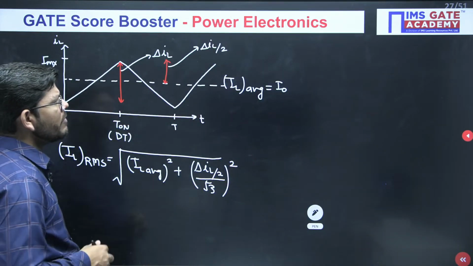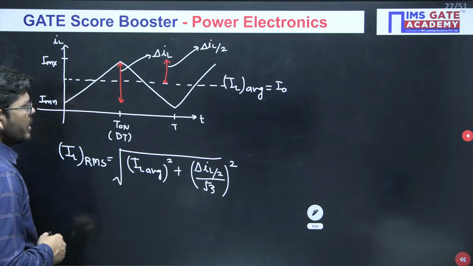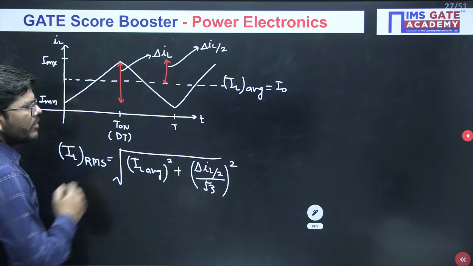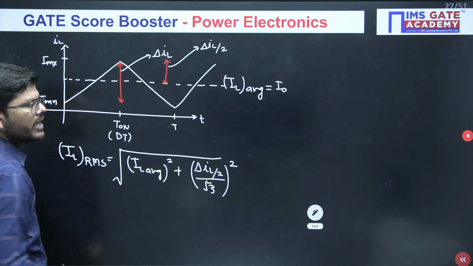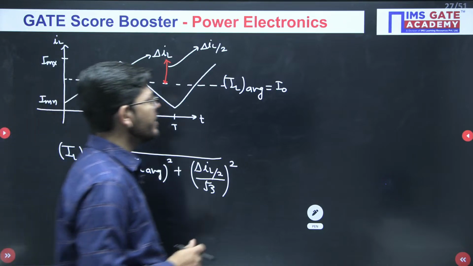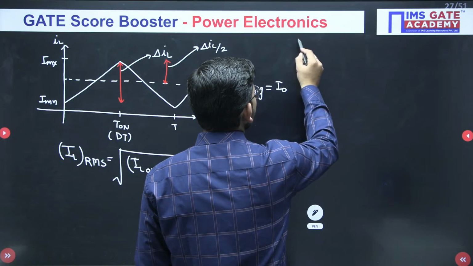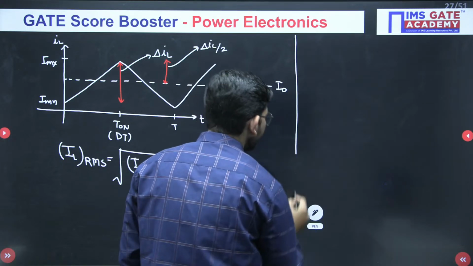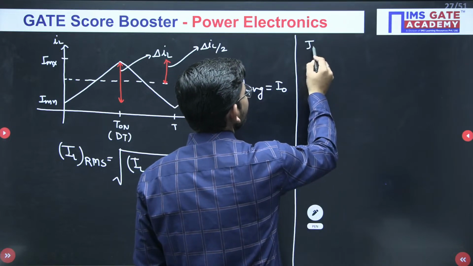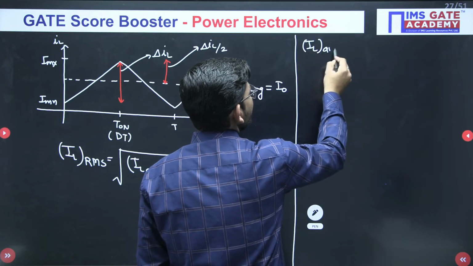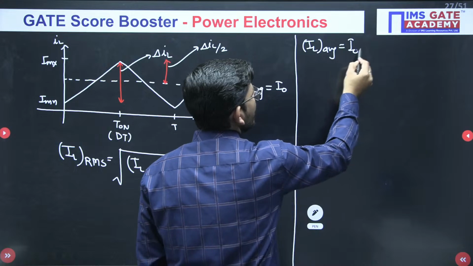So what are the values required here? In order to find the ratio, we need the value of IL average and the value of delta IL by 2, and then the task is very easy. IL average is basically I naught.